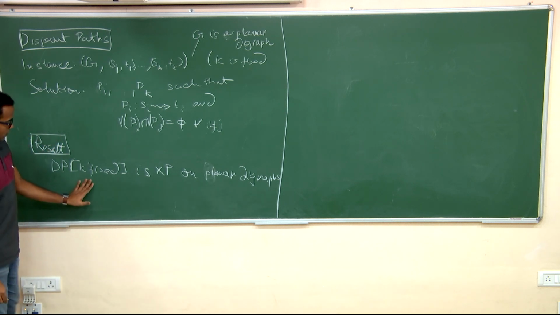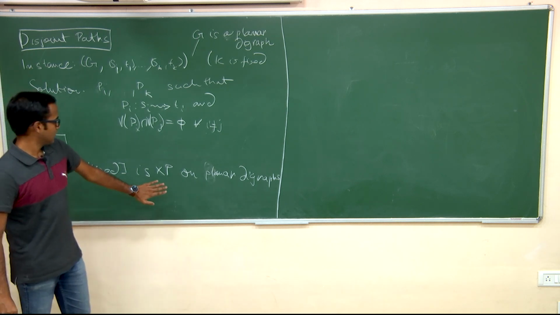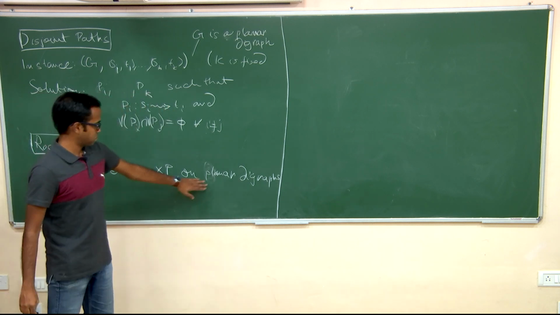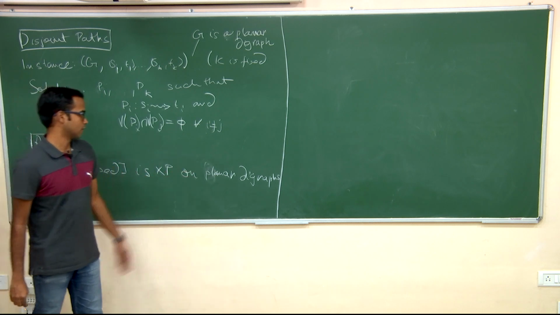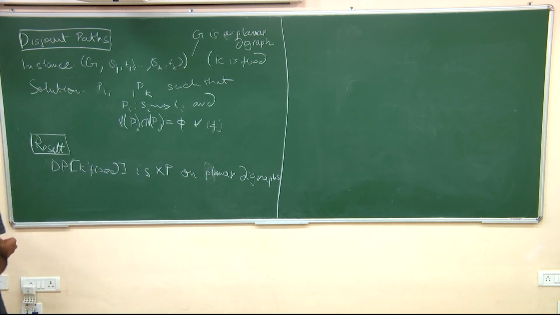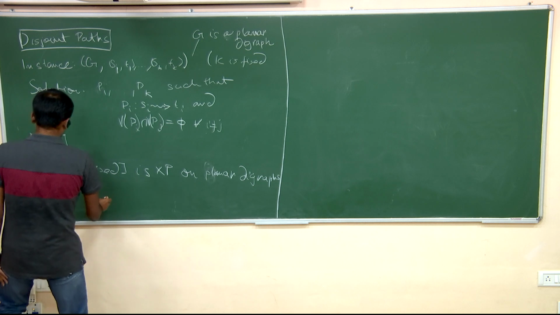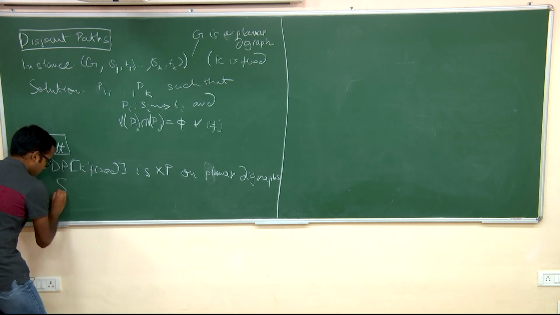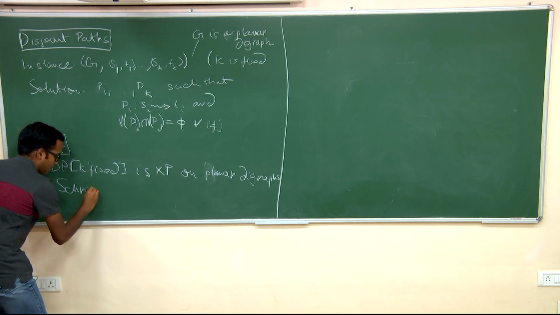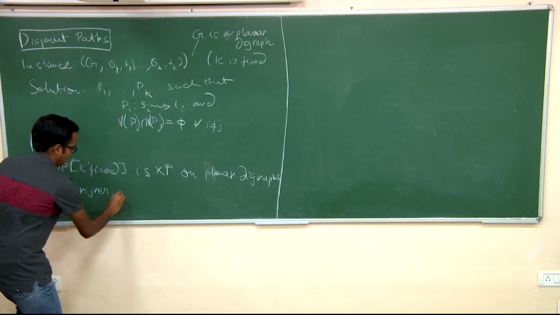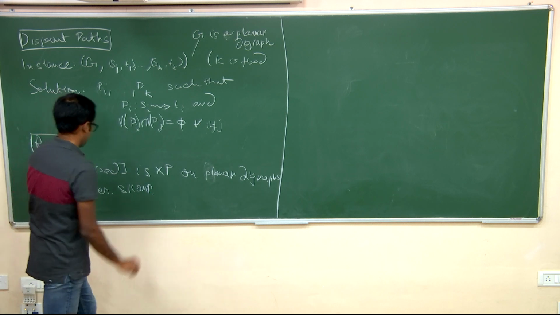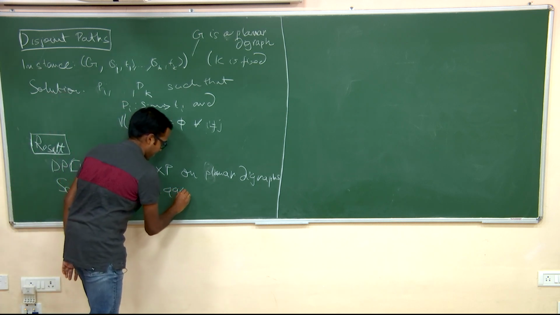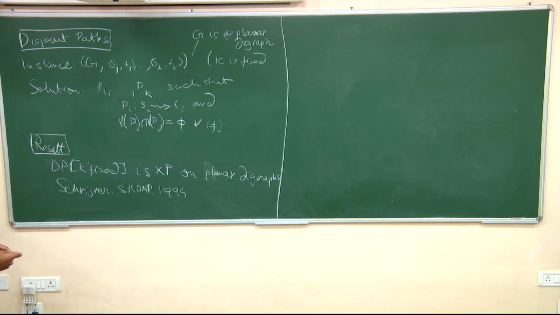Disjoint paths when k is fixed is XP on planar digraphs. What does planar mean here? It just means the underlying undirected graph is planar. This result came out in '94, in SICOMP.